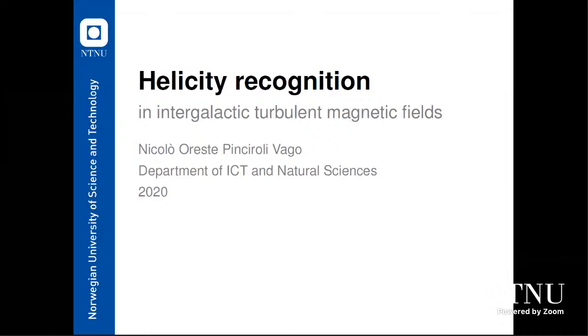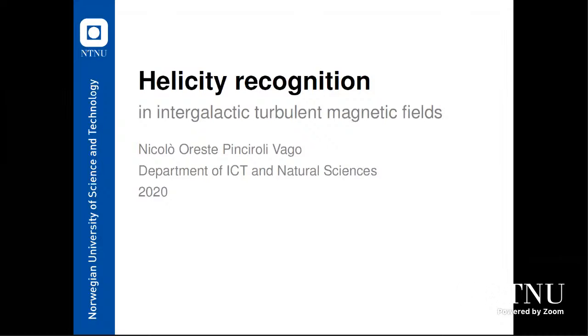Yes. Okay. So my project is the one that I presented last time, and it is the helicity recognition. The idea in this case is that there are some magnetic fields in the universe. Those magnetic fields are intergalactic magnetic fields, and they also have turbulence. And those magnetic fields can be detected by a detector that is called Fermi LAT.